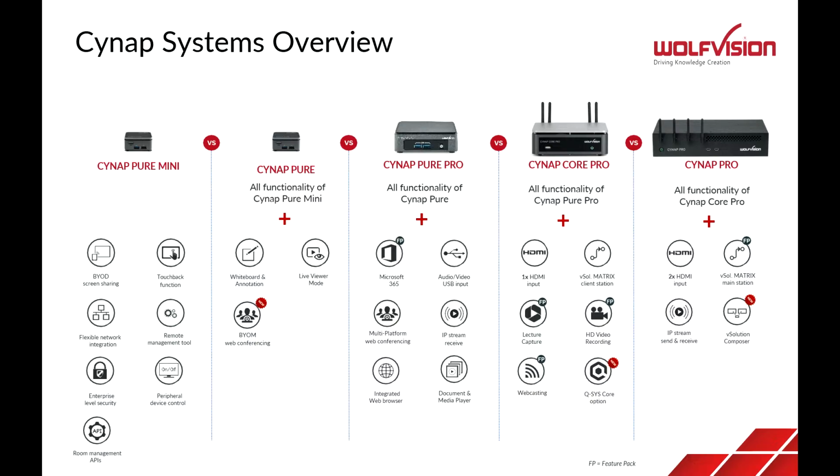But this is what we are trying to show you, the differences among the models, because it affects the price point as well. If you want the most feature set, the most powerful is always the Pro. If you just need a very simple, basic BYOD-only function, it's Pure Mini. So we are able to adapt and suit different applications and budgets.